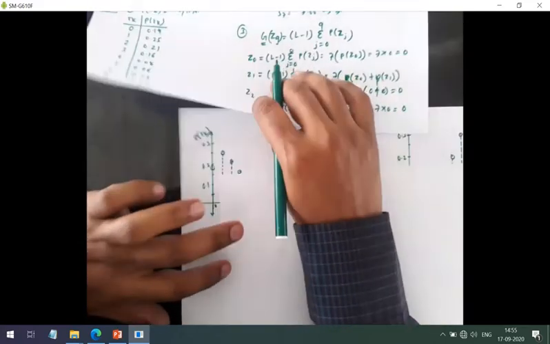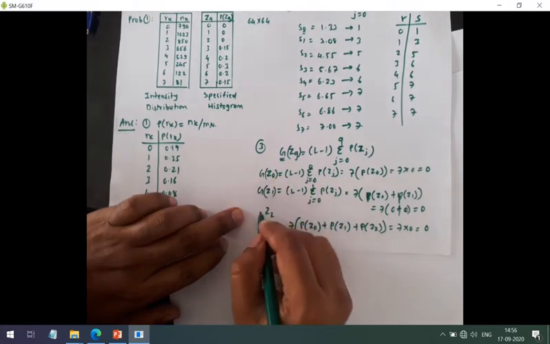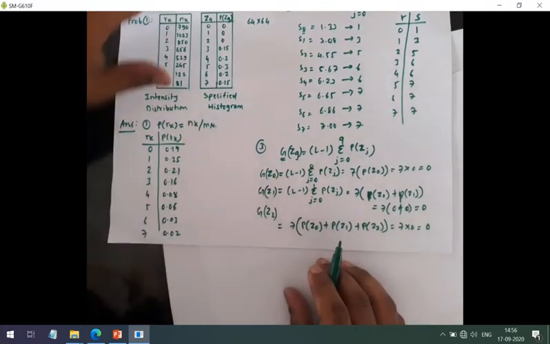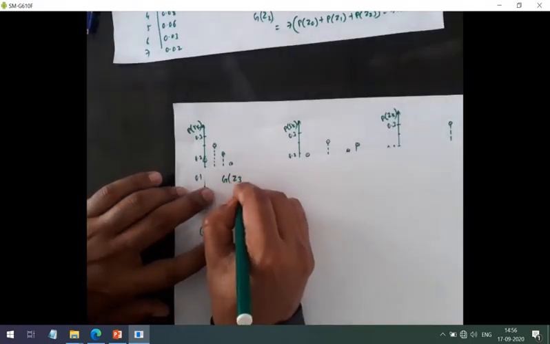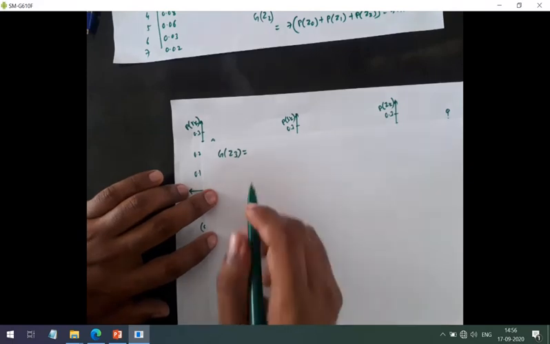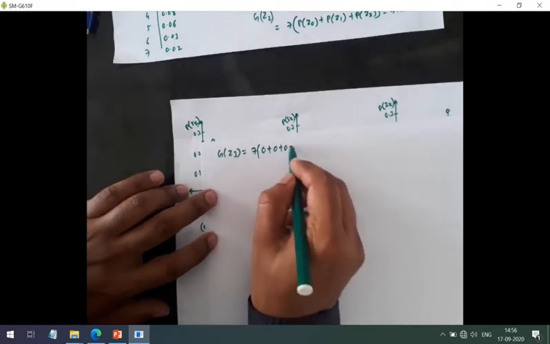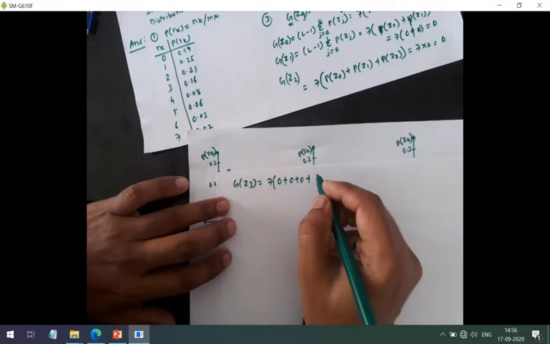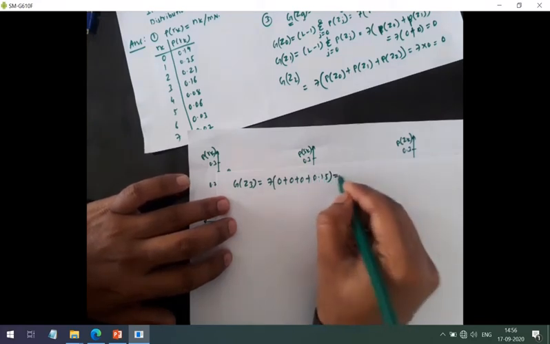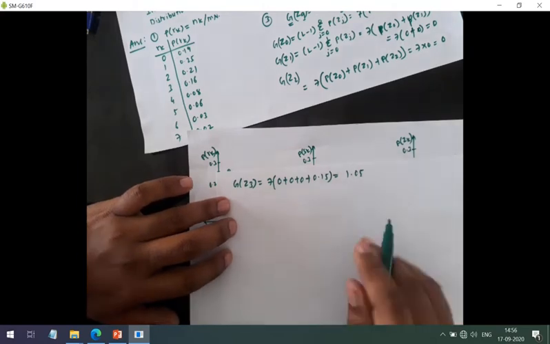Next, g of z3 equals 7 into 0 plus 0 plus 0 plus the next value 0.15, which is 7 into 0.15, that is 1.05.